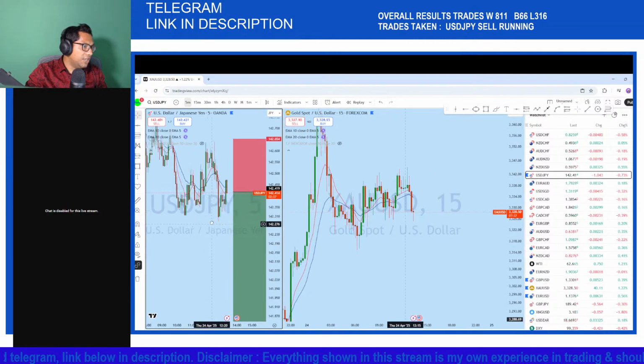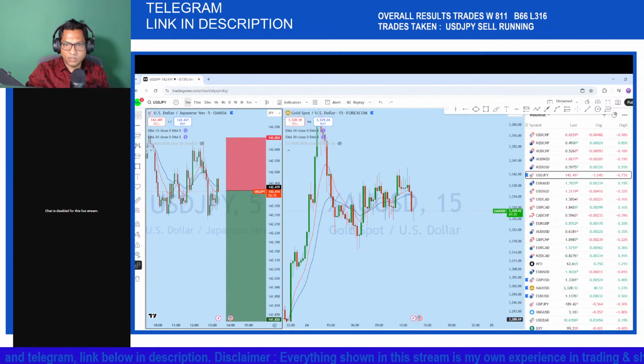So we can see dollar yen from this level started to break below.